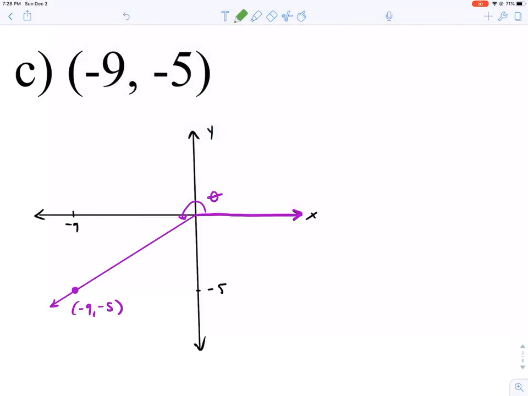Now, if we were to construct, say, a reference right triangle, we would be dropping a perpendicular there. So the side would be -9. It would actually be a length of 9. This is -5, and we need to determine r.